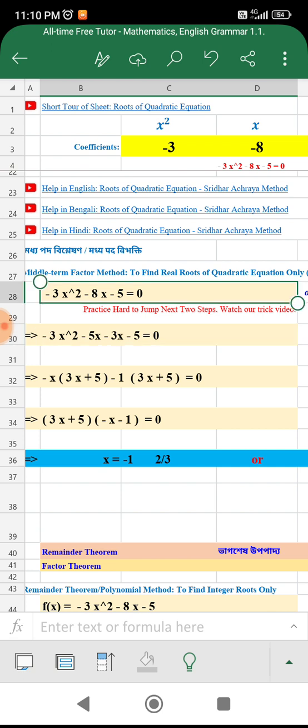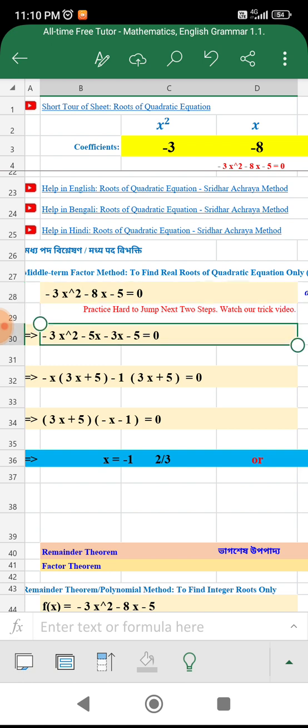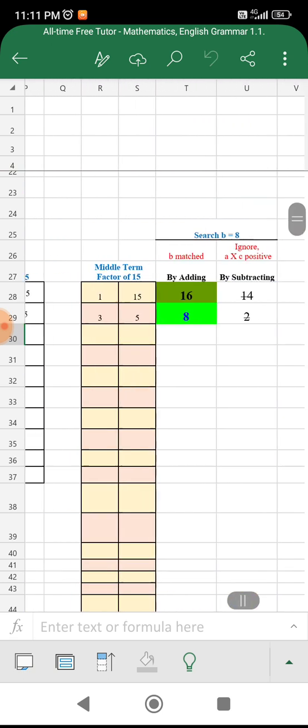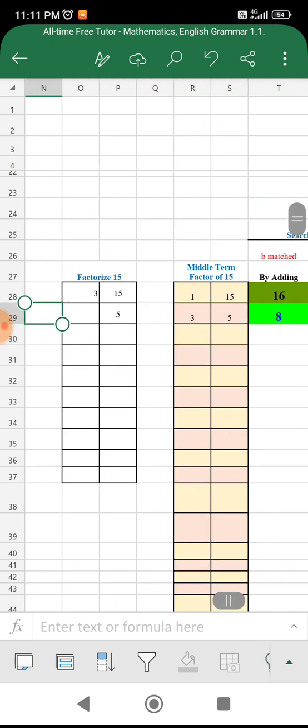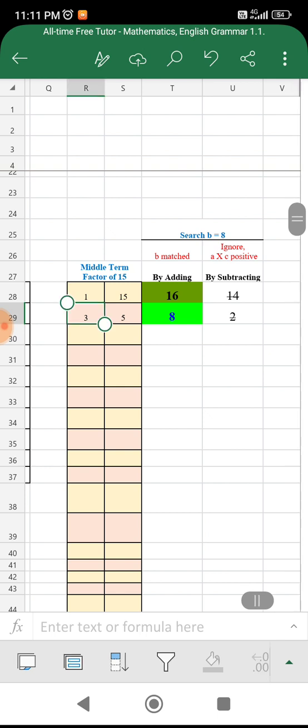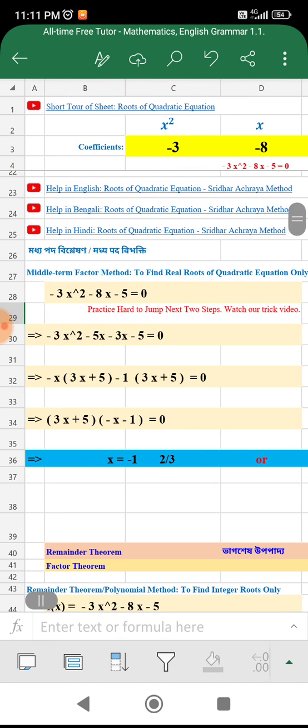Whatever the sign of b, this larger value will be exactly of the same sign, 5x. And both should be the same sign. From here we conclude that by adding we get 8, which means 3 and 5 should be of the same sign. So 5 and 3 should be of the same sign.